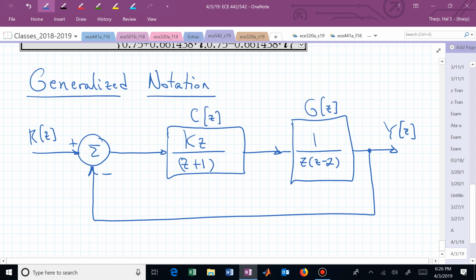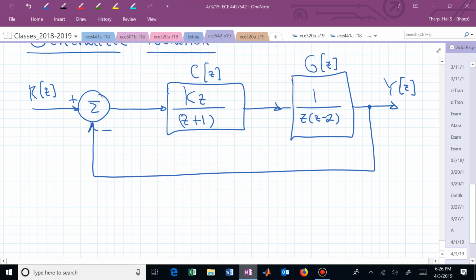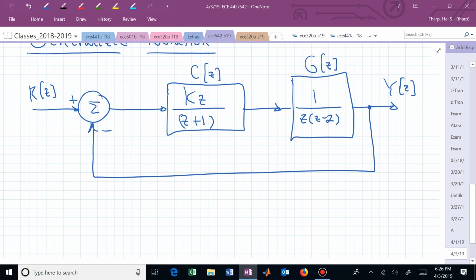And what I'm suggesting now is that, whoa, I have to watch, I have a heavy hand. What I'm suggesting for generalized notation is we put all of our pole and zero factors into a new block that we're going to call a G bar and just isolate the K so that we have the general structure for our sketching of the root locus.